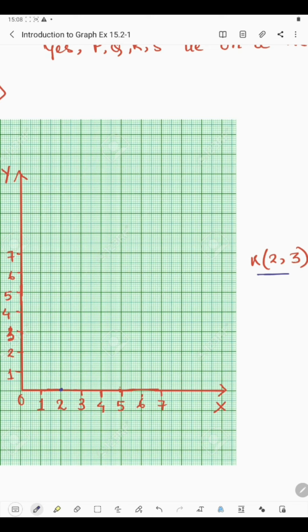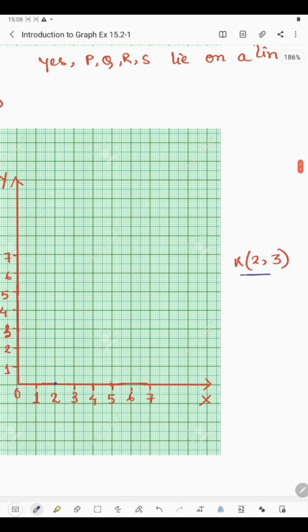Okay, and to put value of y, which is 3, we need to see the y axis. Here is the y axis and 3 is 1 2 3 here. Now from here we will draw a line, and from here we will draw a line, and wherever it meets there is the point K. Okay, so this is the coordinate of point K.